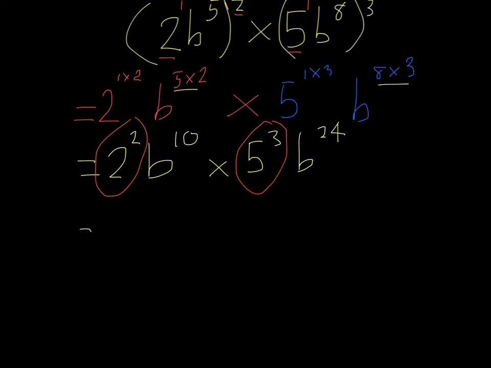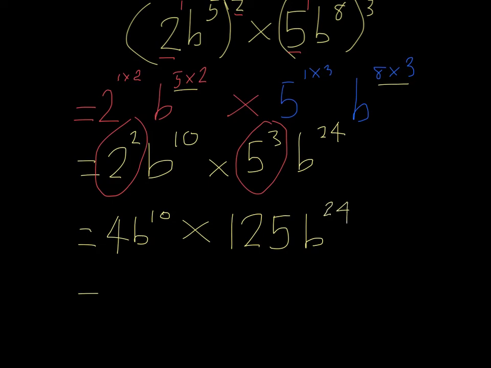So we know that 2 to the power of 2 is 2 squared, which is 4. So then we'll leave b to the power of 10 the same for now. And 5 cubed, or 5 to the power of 3, is 5 times 5 times 5. So 5 times 5 is 25, times another 5 is 125. b to the power of 24.